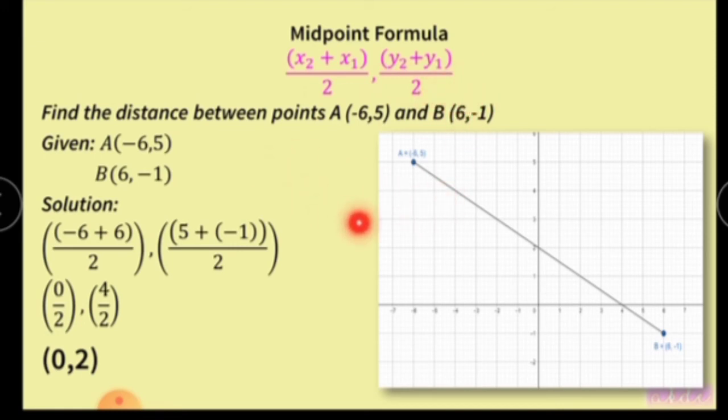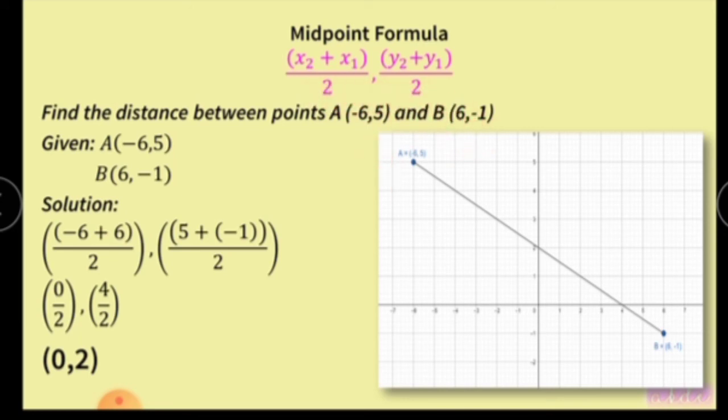Let us try to find the midpoint between the point (-6, 5) and the point (6, -1). We are going to assign values for x sub 2, x sub 1, y sub 2, and y sub 1. We can say that x sub 2 is negative 6 and x sub 1 is 6. Y sub 2 is 5 and y sub 1 is negative 1.